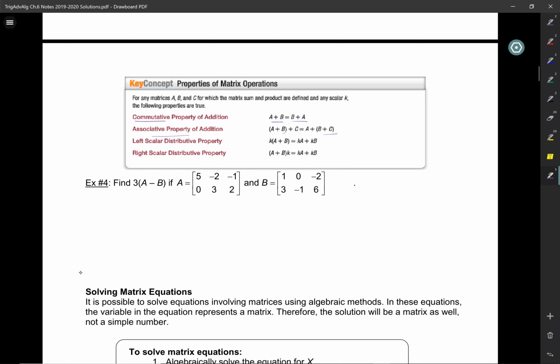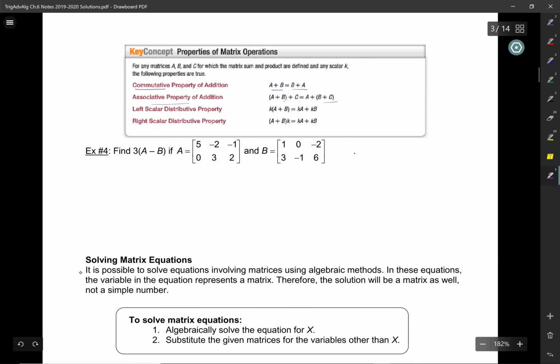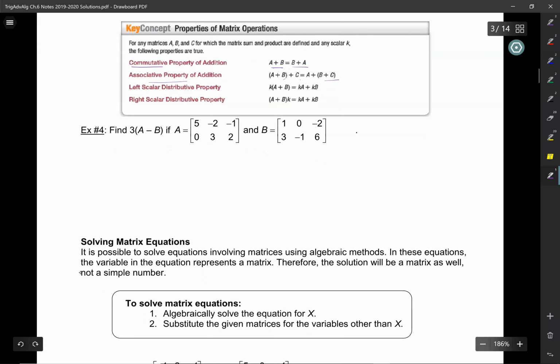Distributive property works. Let's just do a couple of examples and we'll see. I have a matrix A and I have a matrix B. I need to find 3 times A minus B. Now PEMDAS still works here, right? So you have to do the parentheses first.